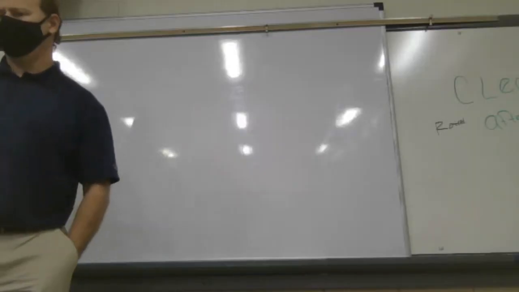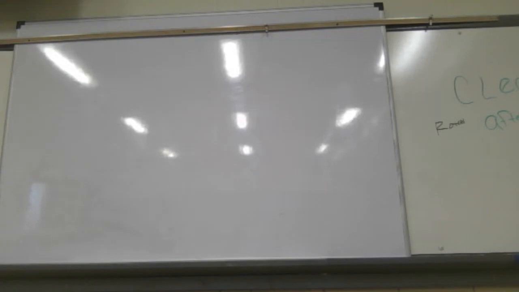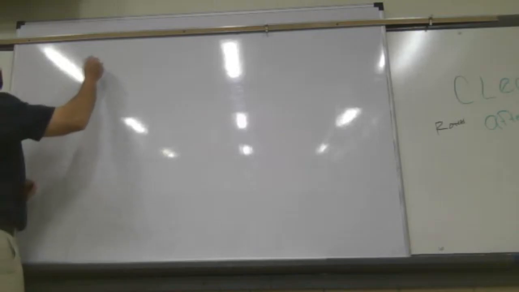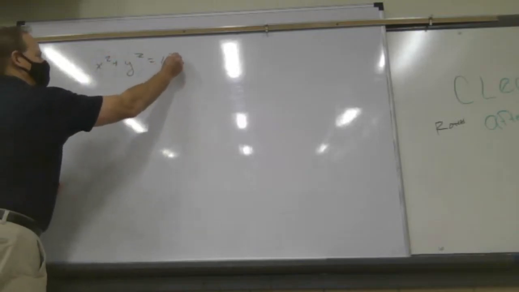We're trying to find the second derivative of y with respect to x, right? So I'm going to take the first derivative first. It's x squared plus 25 y squared equals 100.